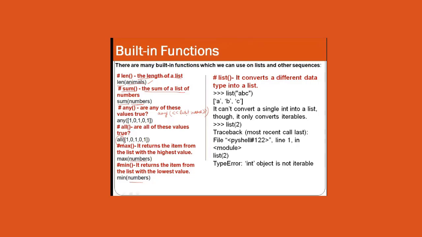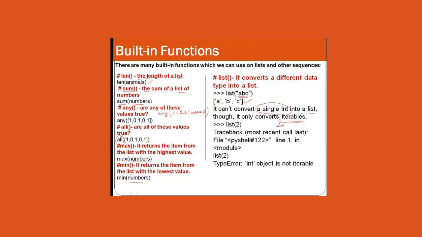Then list. What is this? It converts a different data type into a list. So if it is a string, it converts it into a list of characters and returns it comma separated. It can't convert a single int. So just note it down: a single int cannot be converted into a list, it only converts iterables.